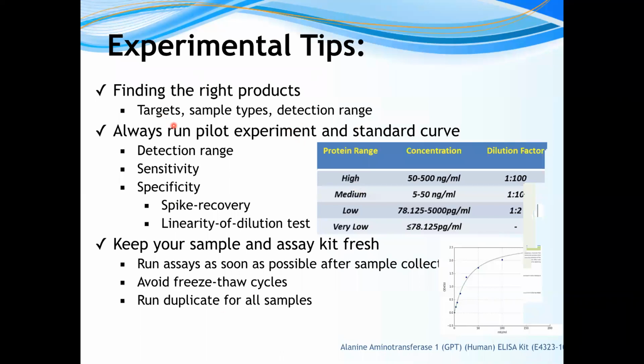First of all, it is important to find the right product. For that, it is important to know your target and to find the kit that is compatible with it. If you are using a sample type such as serum, plasma, cell culture supernatant, or tissue homogenate, it is important to determine the kit that is compatible with your sample type, because not all kits are compatible with each sample type.